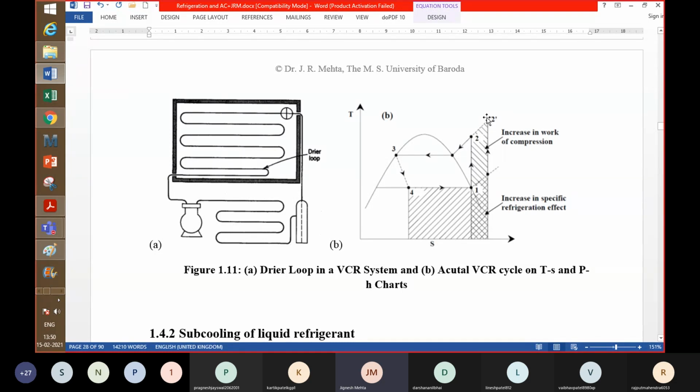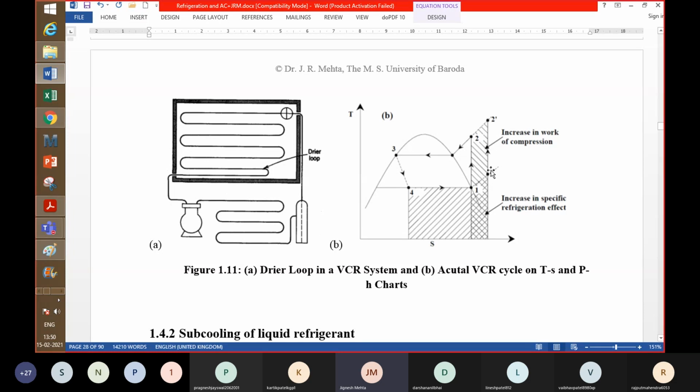The COP formula is the delta H across the evaporator divided by the delta H across the compressor. So you actually don't know whether the COP will increase, whether the COP will decrease, or whether it will remain the same. It may depend upon different things in addition to the properties of that refrigerant.